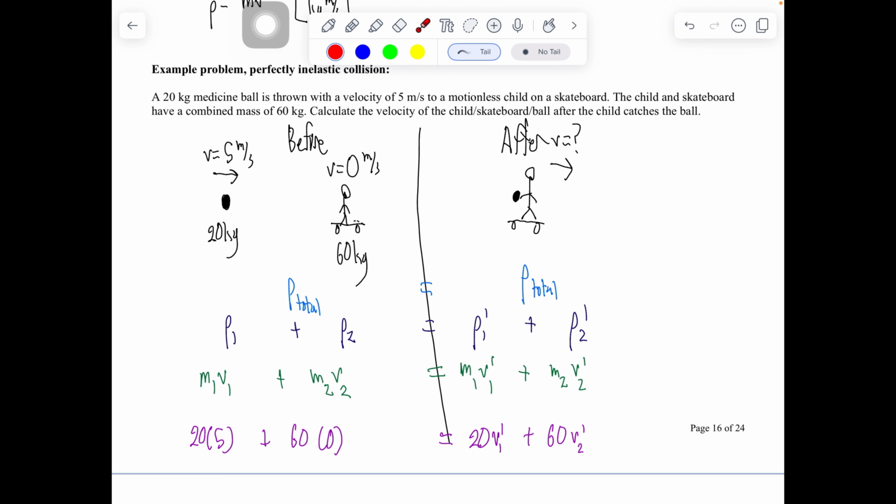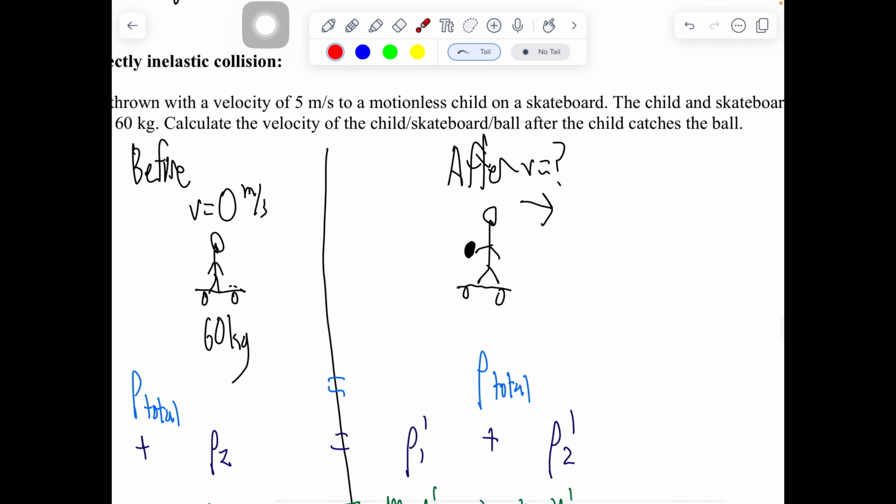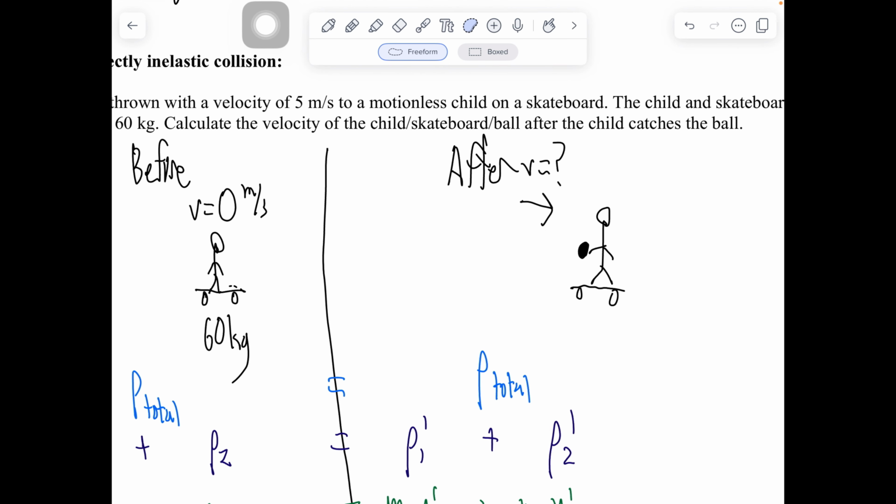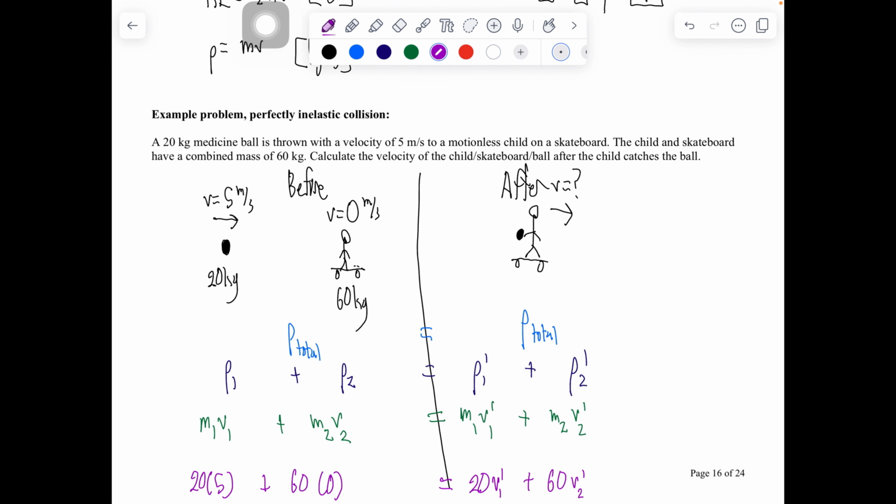What you can do is treat them, instead of as separate objects, as one object with the same velocity. If the child is holding on to the ball and they're on top of the skateboard, they are all moving together as one object. When they hit and stick, they move as one object. They're not going to move separately at different velocities. They're moving together at the same velocity.